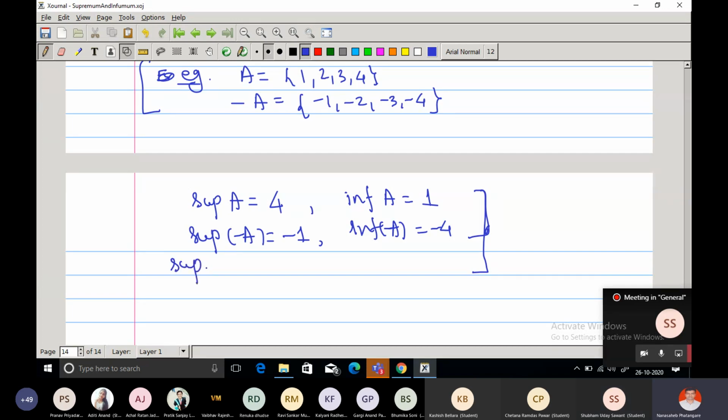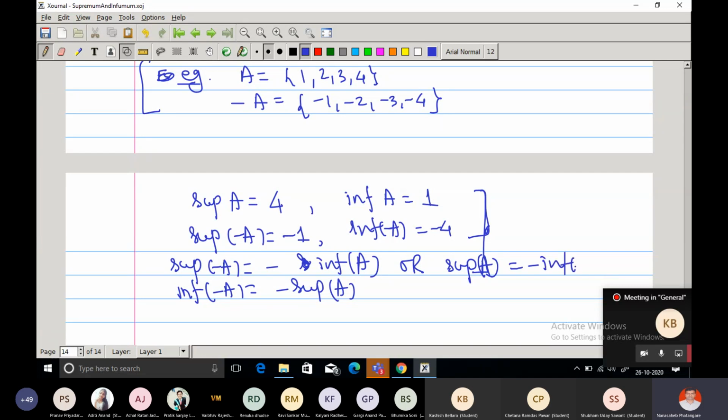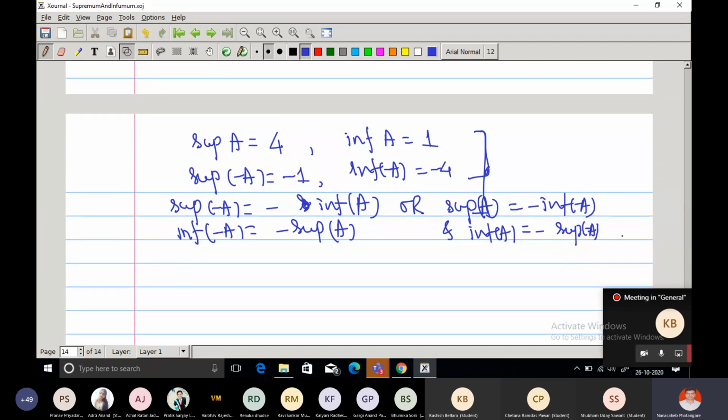The supremum of minus A is minus the infimum of A, and the infimum of minus A is minus the supremum of A. Or, supremum of A is equal to minus infimum of minus A, and infimum of A is equal to minus supremum of minus A, the same thing. That is the observation from this.